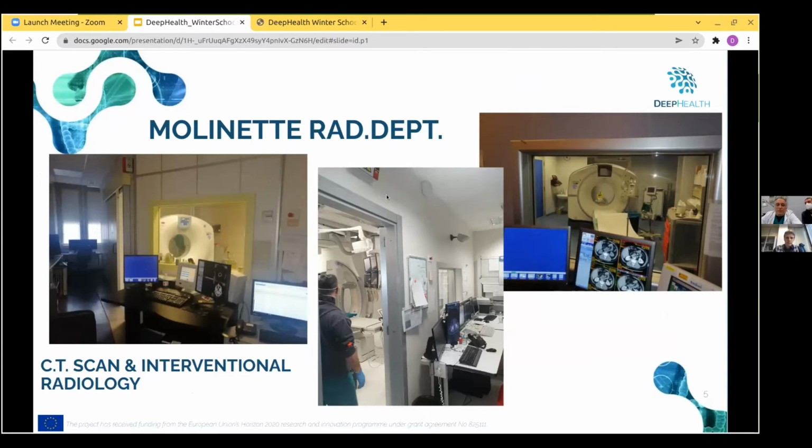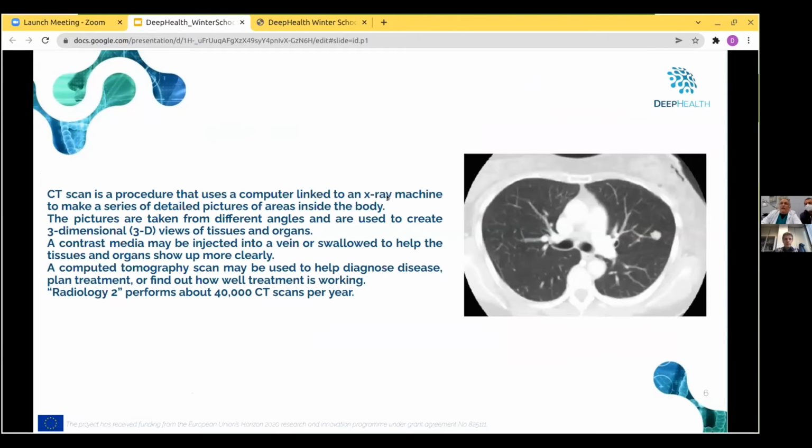Radiology 2, my division, is the site of the department where the experimentation was mainly carried out. The heroes of our experimentation are the pulmonary nodules. A brief representation of CT scan. CT scan is a procedure that uses a computer linked to an X-ray machine to make a series of pictures of areas inside the body.